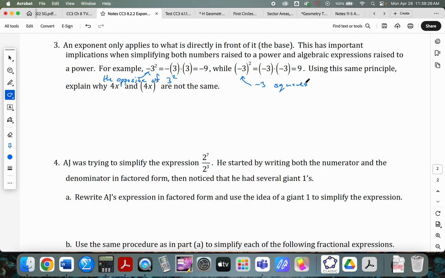On that first one, are we squaring -3? No, we're only squaring the 3. So the first one's the opposite of 3 squared, whereas this one is (-3) squared. So 4x cubed is 4 times x cubed.